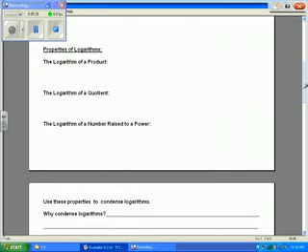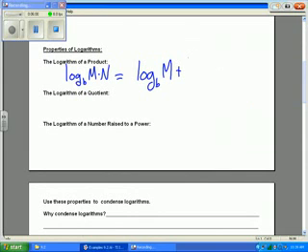Okay, so our properties, the logarithm of a product would occur with this type thing. Log base b of m times n equals log base b of m plus log base b of n.